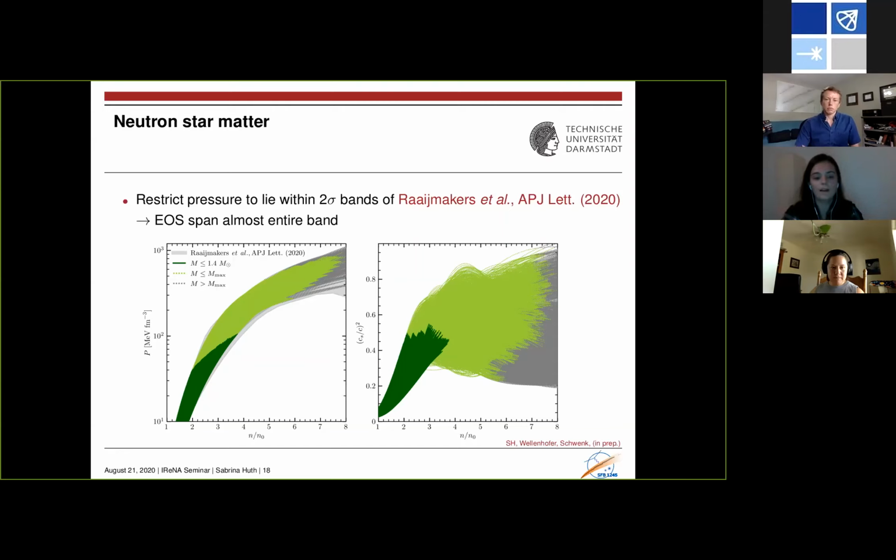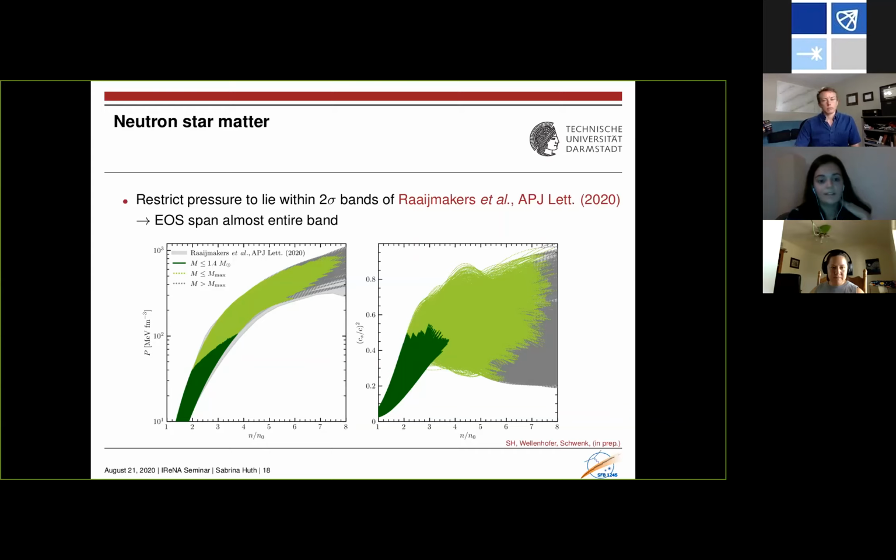And if we combine all of these variations, then we generate thousands of EOS, and then we only keep those that are consistent with all constraints. And this is what we get here for the pressure as a function of density. And in light gray, you see the band from Raaijmakers et al. So from the observations that I've shown you before for beta equilibrium, so for neutron star matter.